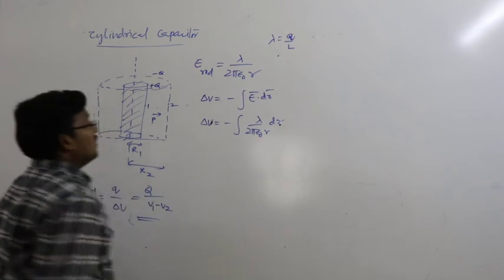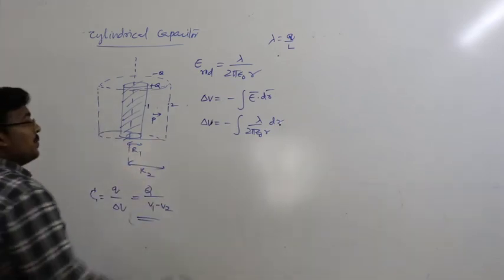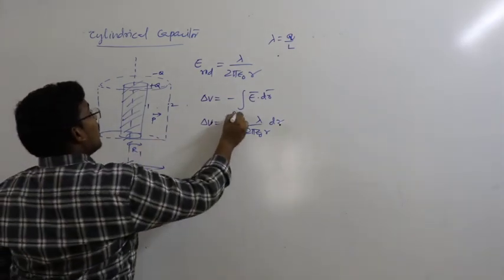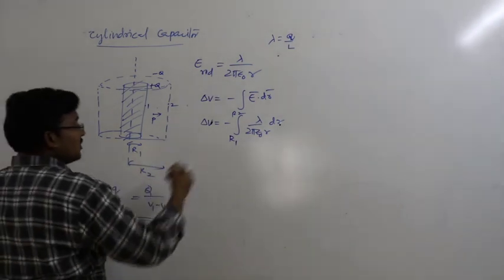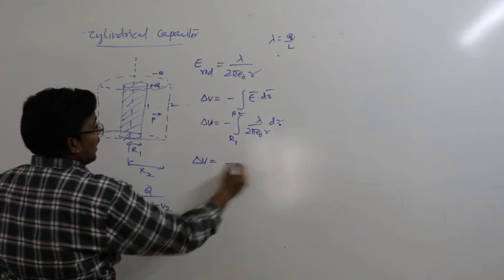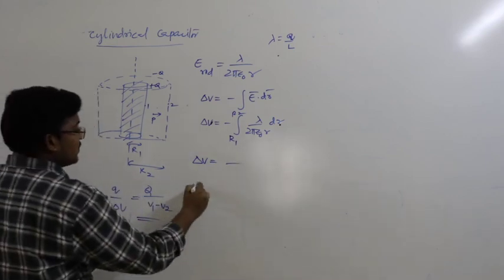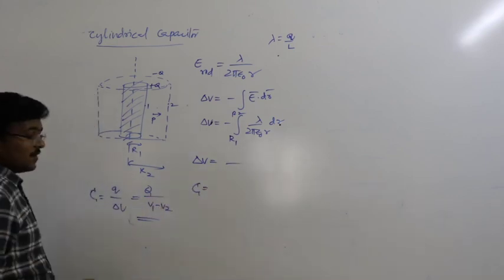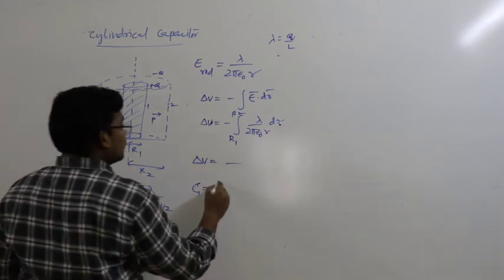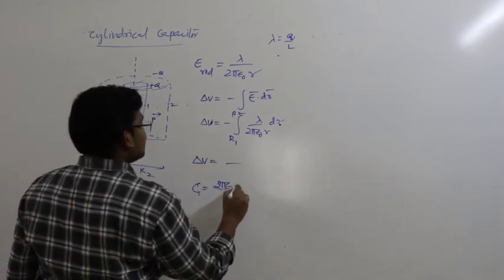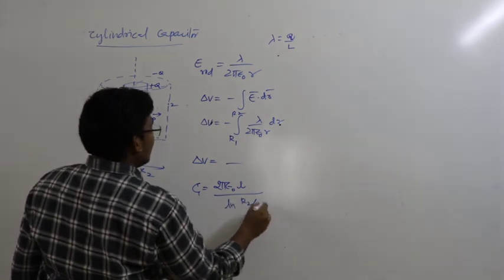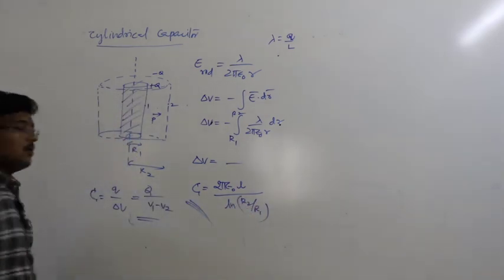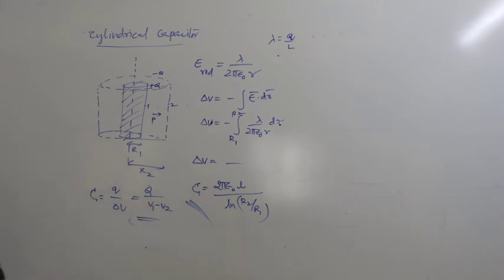If you do this with limits R1 to R2, you will get the potential difference, and again to find the capacitance, C is equal to charge by delta V. So finally you will get the formula 2 pi epsilon naught L by ln R2 by R1. This is the formula of the cylindrical capacitor.